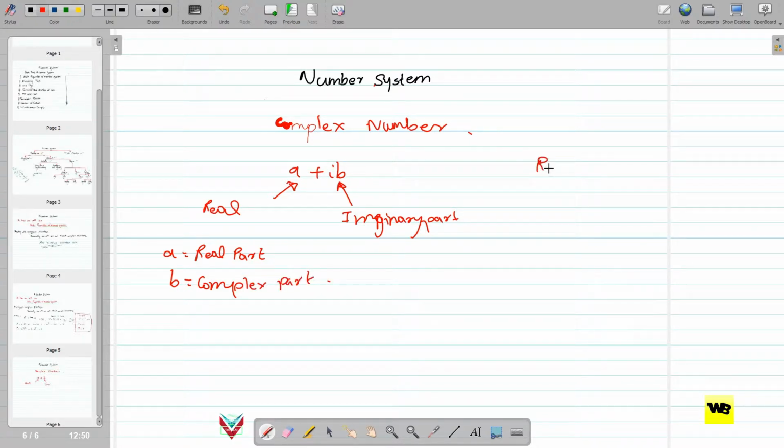It can also be denoted by Re(z) equals a, the real part, and Im(z) equals b, the imaginary part.